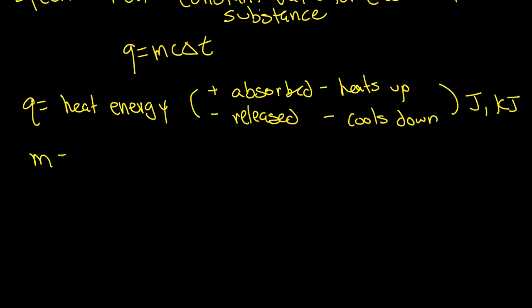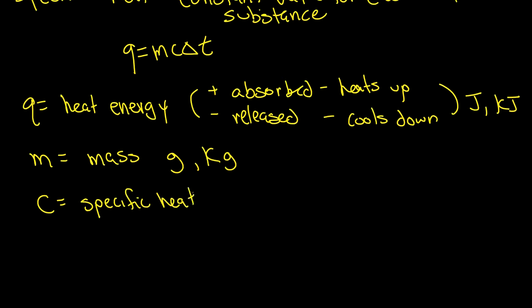M is mass. Typically, it's going to be measured in grams. You may also see it in kilograms. C is your specific heat constant. It may also be referred to as heat capacity.